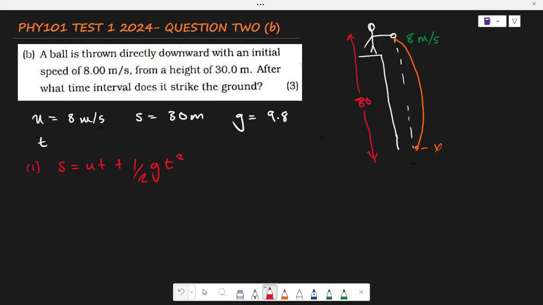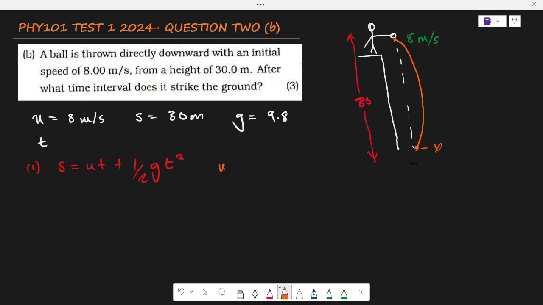The reason we have a plus here instead of a minus is that the acceleration due to gravity goes downwards, and the ball is also dropping downwards, so it's not opposing the acceleration due to gravity. Hence, we're going to have a positive. But if the ball is being thrown upwards, we would have had a negative value of g. So that's our equation number 1.